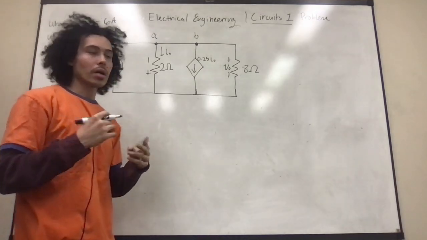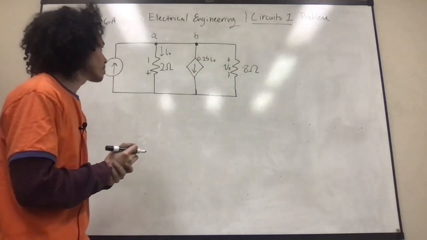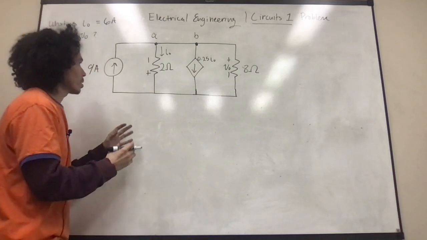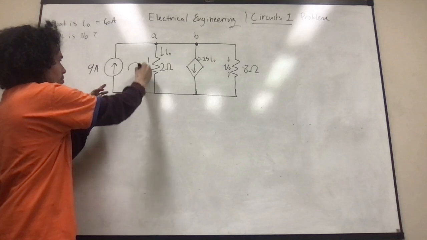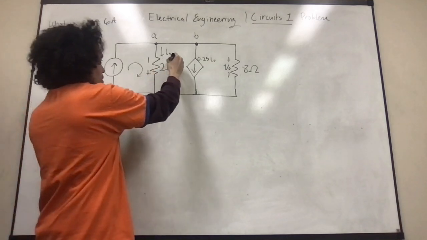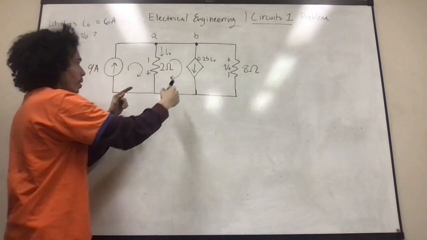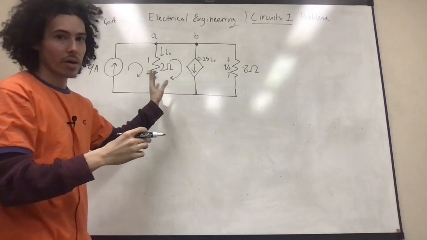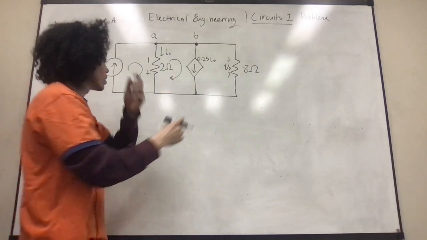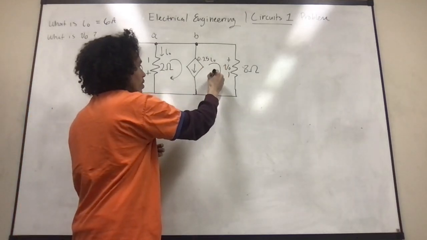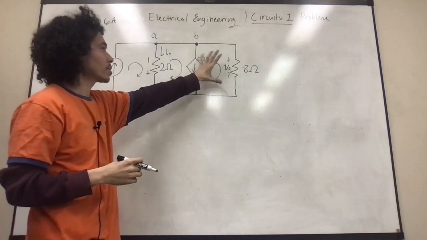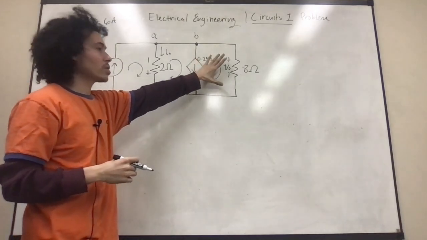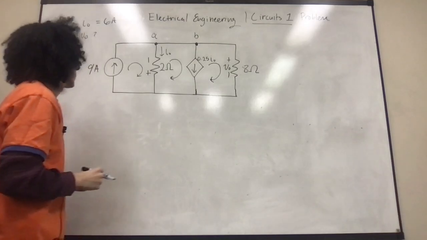There's a thing called mesh analysis, where you can look at one loop at a time. You can look at a loop at a time when it comes to these parallel wired circuits. So VO is on this last loop here, okay?